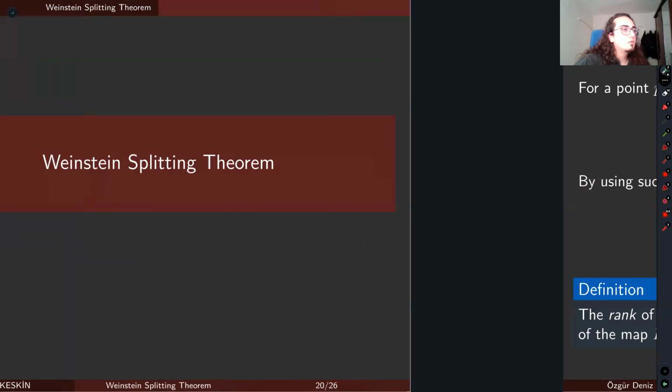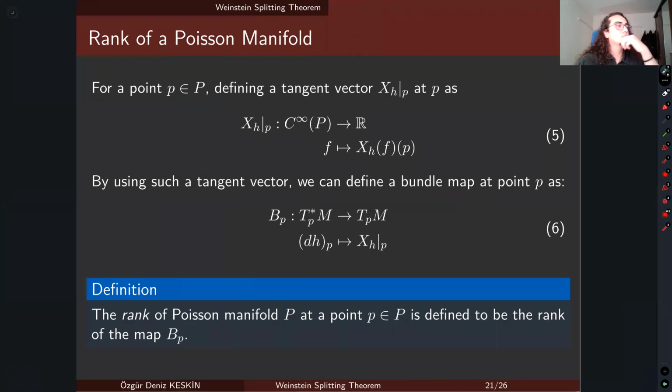Now, before the Weinstein splitting theorem, I need to give a little bit more definition. A tangent vector at a point P is defined that way, which means if you consider X_H as a derivation, it will take a function and give another function. And if we evaluate this function at P, we end up with a real number.